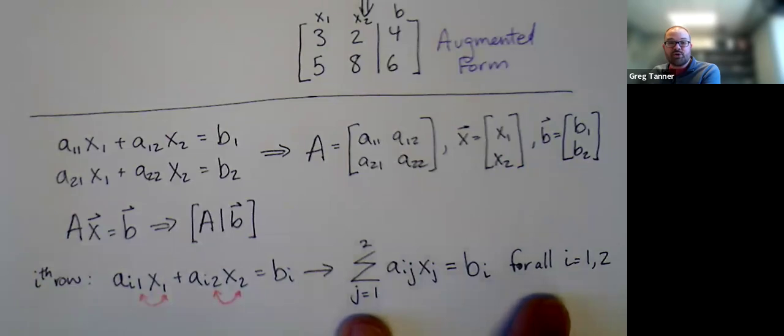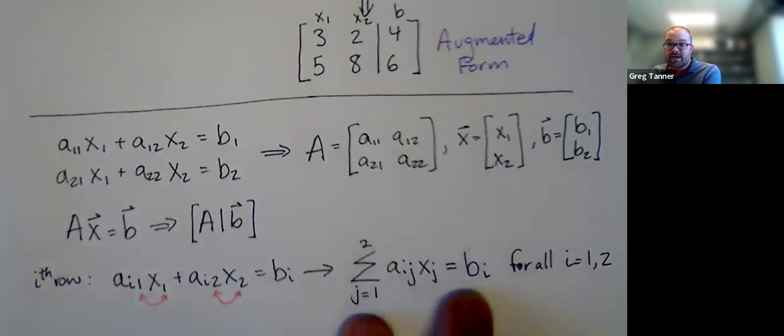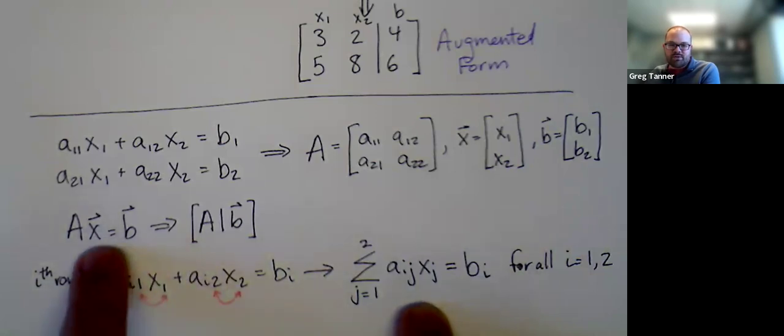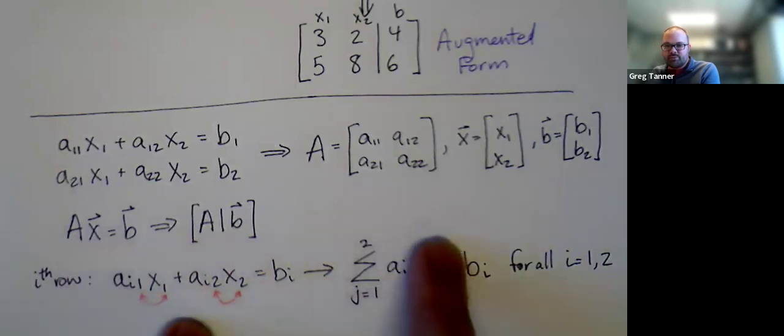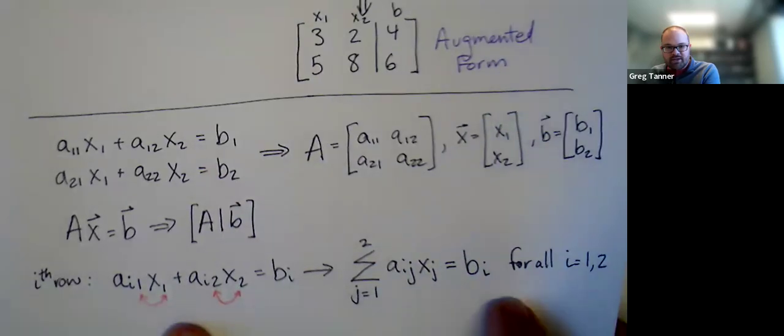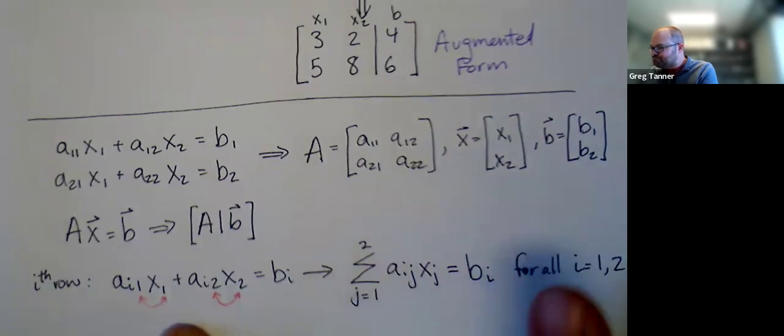A little bit overkill when you only have 2 rows and 2 variables, but in practice, we'll generally have lots of rows and lots of variables, and then this ends up being a very compact notation that is essentially equivalent to this matrix vector notation. So maybe the beauty of the matrix vector notation is that it implies this summation notation without actually having to write it all out. So that's summation notation.